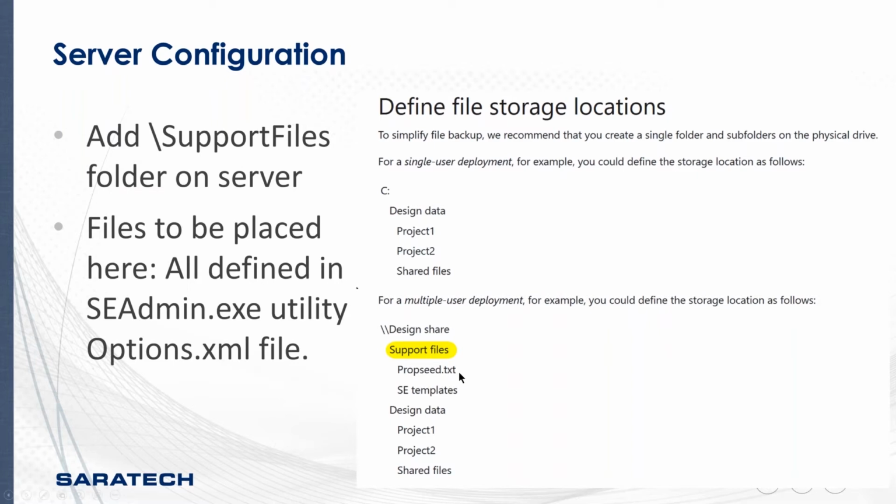That way everybody in your organization can point to this shared location on the server and pick up those files and the configuration of those. So if anything is added, everybody will have access to that right away. And then everything's consistent among all the users as well. So you don't have user A having certain hole sizes that they've defined and user B wondering how they created those. And so everybody will be able to use the same configurations.